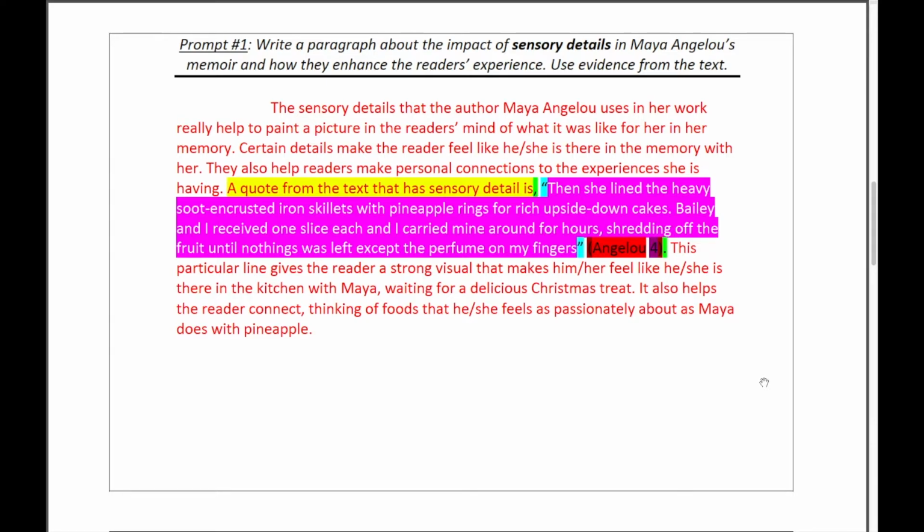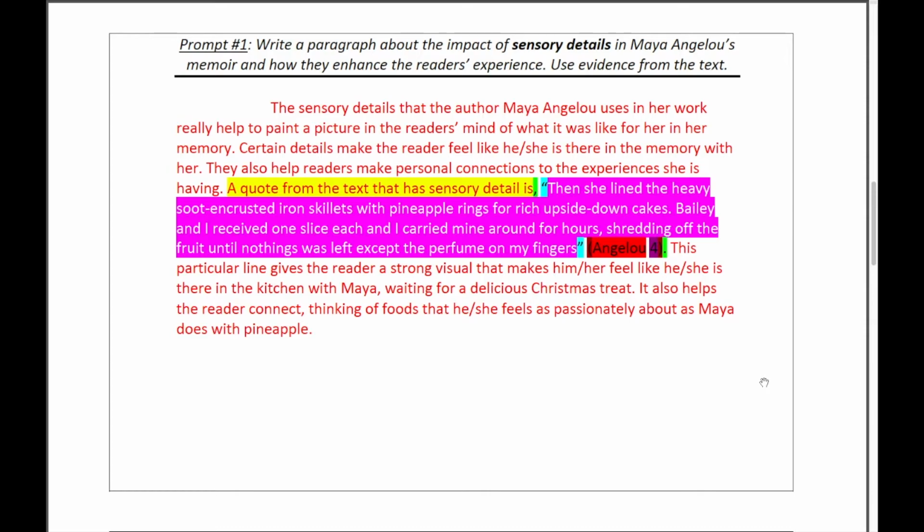So I did, for example, the sensory details that the author Maya Angelou uses in her work really help to paint a picture in the reader's mind of what it was like for her in her memory. Certain details make the reader feel like he or she is there in the memory with her. They also help readers make personal connections to the experiences she's having.